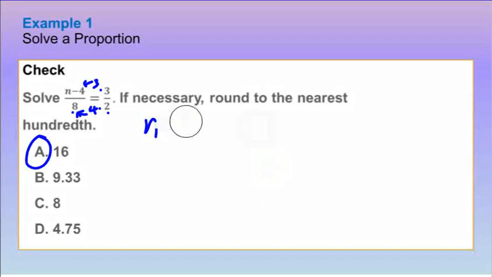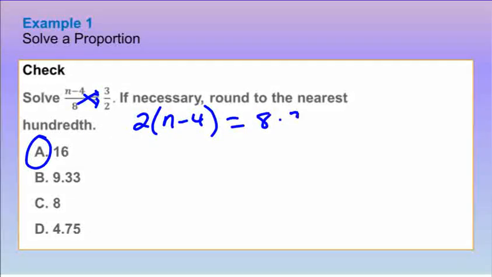The other method is what we did in our last one. I have two ratios equal to each other. I just cross multiply. So I have 2 times n minus 4 equaling 8 times 3. So I'm just going to write 2 times n minus 4 equaling 24.